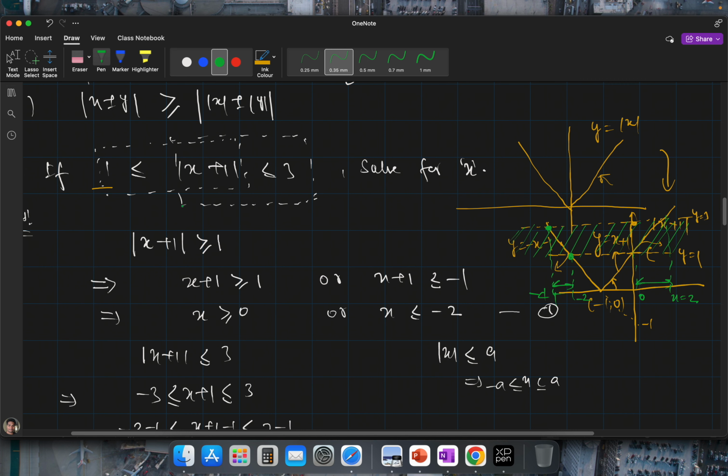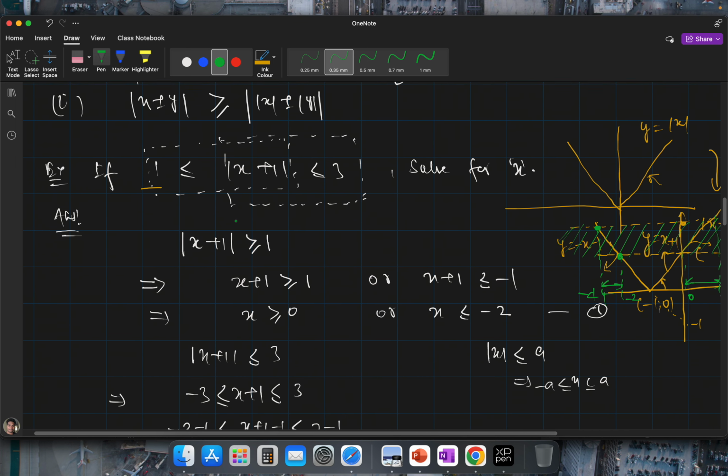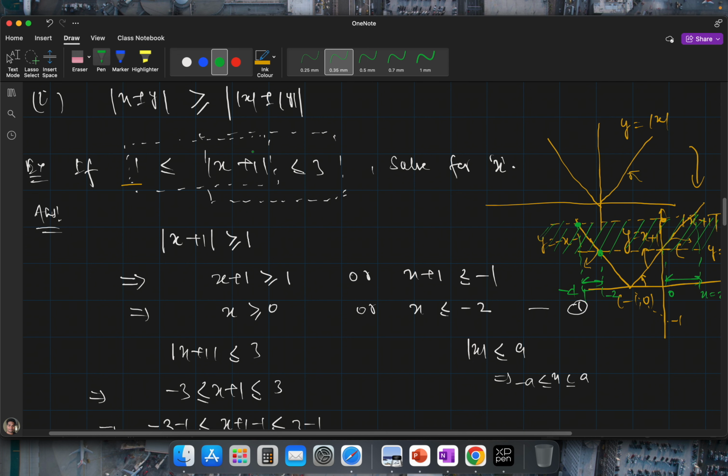You are complicating things, but the solution is not violating this equation. I'm getting what you are trying to say, but there is no such restriction on the domain of mod of x plus 1. What is the domain of mod of x plus 1? If you have a function f(x) equal to mod of x plus 1, what is the domain of this?